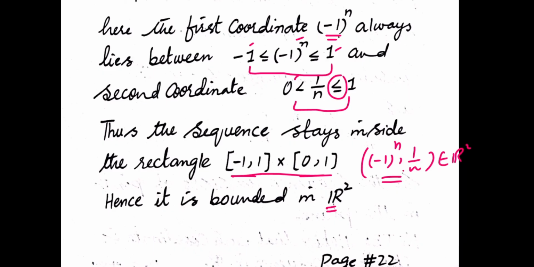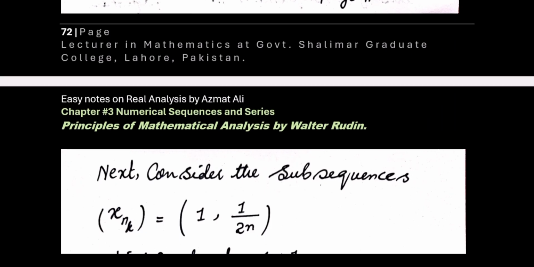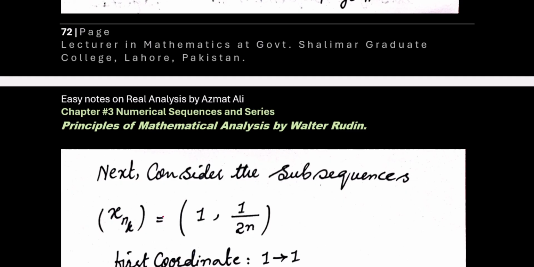Next I will take one or two subsequences of this sequence, and we will observe that these subsequences are convergent. Now consider the subsequence, denoted by x_nk, whose first coordinate is 1 and the second coordinate is 1 over 2n. You know 1 over 2n is a subsequence of 1 over n. In 1 over n, the denominator is n, while in this sequence my denominator is always an even integer.